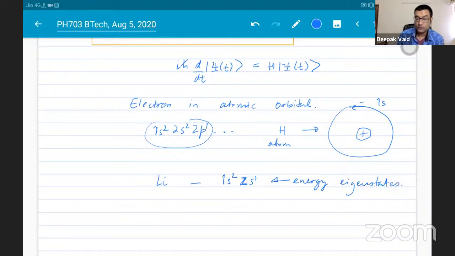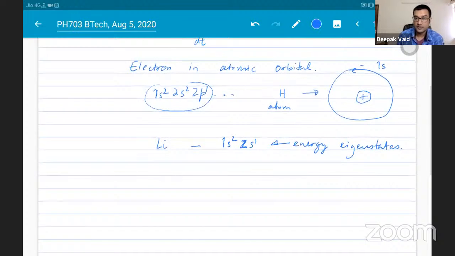There is a certain Hamiltonian for the electron in hydrogen or in any atom, and these orbital states are energy eigenstates. They are solutions of the Hamiltonian.